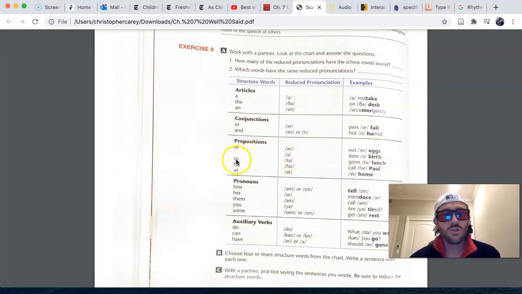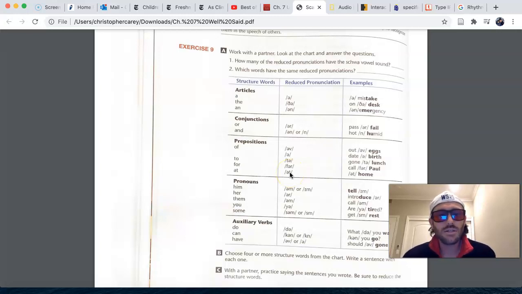To, gone to lunch. For, fur, call for Paul. At home. And the T is reduced more to a D, right? D consonant sound.